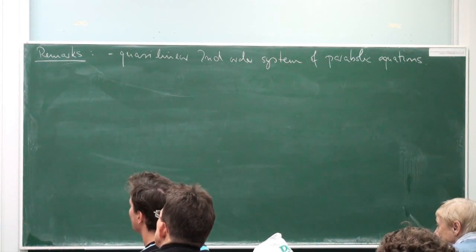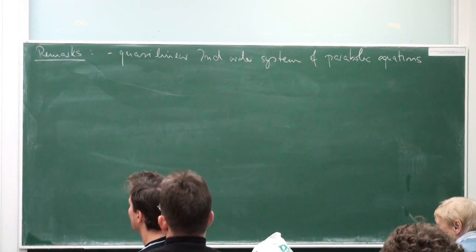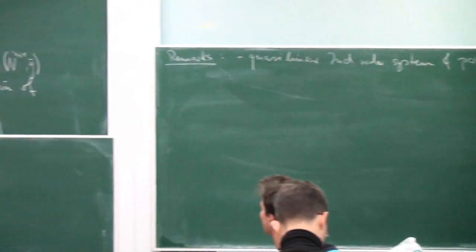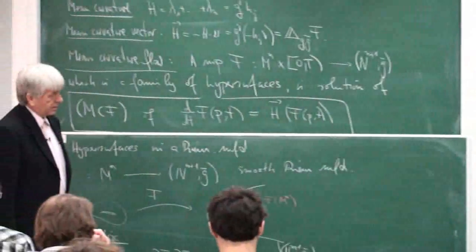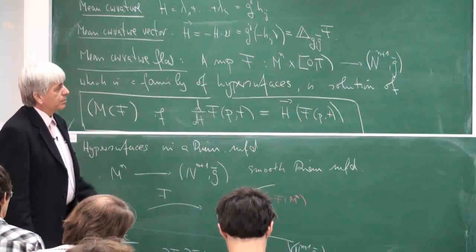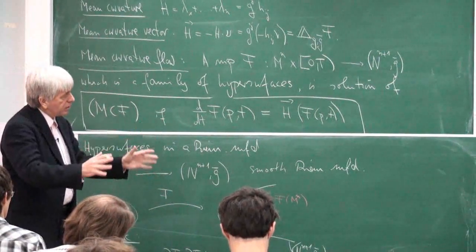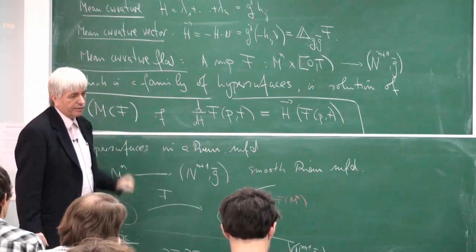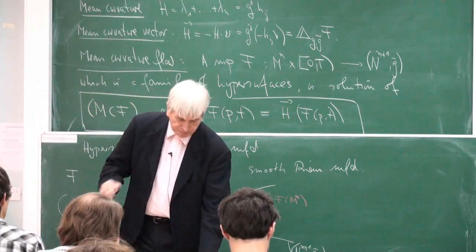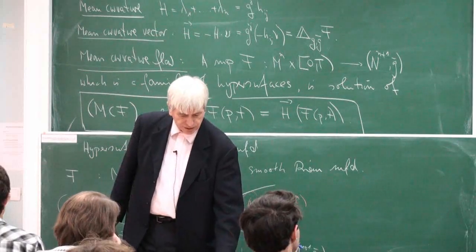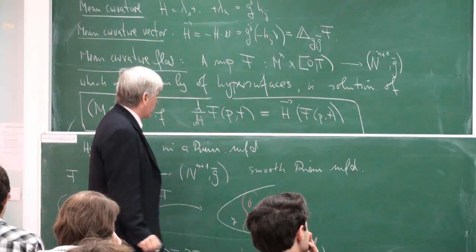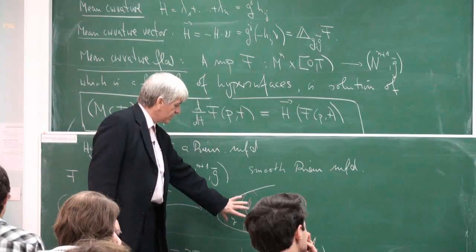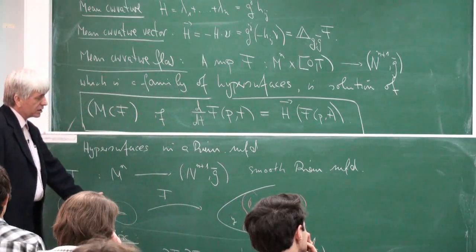So from an analytic point of view, if you fix the coordinate systems locally, you have a second order quasi-linear parabolic system, but from a global point of view, it is a completely geometric equation, because it is invariant under diffeomorphisms in tangential direction, invariant under choice of the coordinate system. It doesn't matter which coordinate system you take here and which coordinate system you take there.